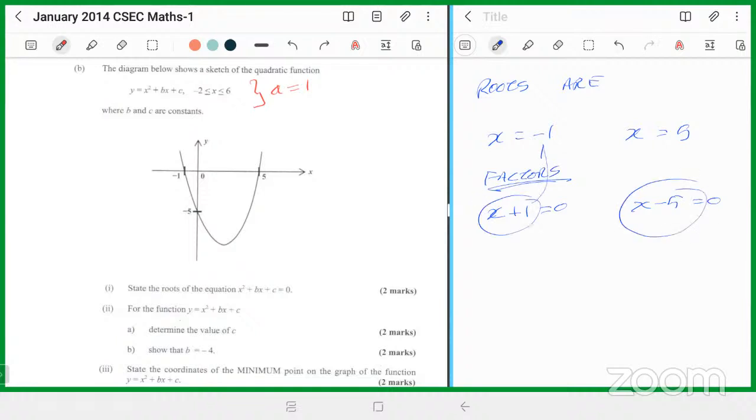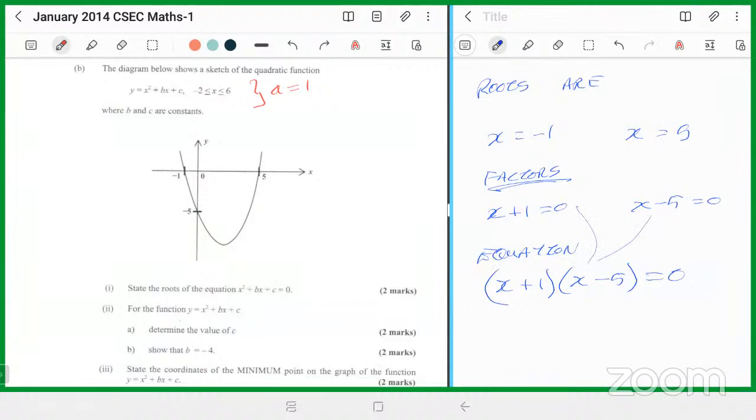And then to get the equation, we go from the factors to the equation. We multiply the factors together. So it will be x plus 1 times x minus 5 equals 0, because normally if you're solving this equation, you would go to this, and then to that and that. But we're reversing the process.